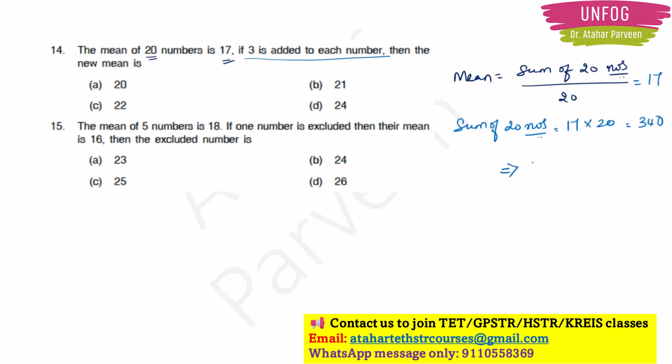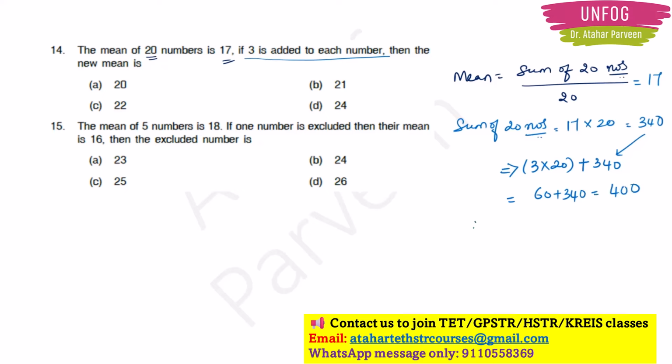It will become 3 times 20 because you are adding 3 to each number. Means 3 times 20 plus the sum of 20 numbers. It is 340. Correct? So this will give you 60 plus 340, or this will be 400.